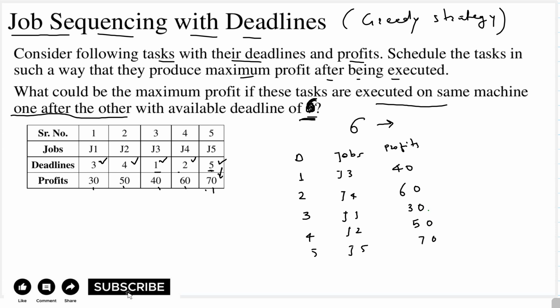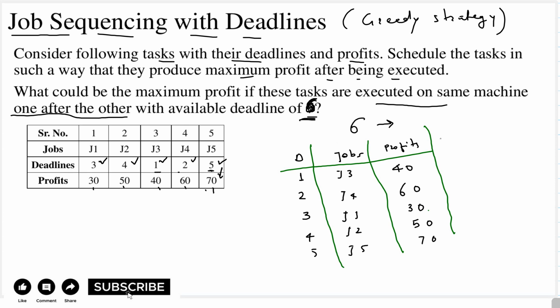This is how we should schedule these jobs on a machine one after the other. The job with the minimum deadline will be completed first, so that we could complete at least more jobs and try to achieve more profit.